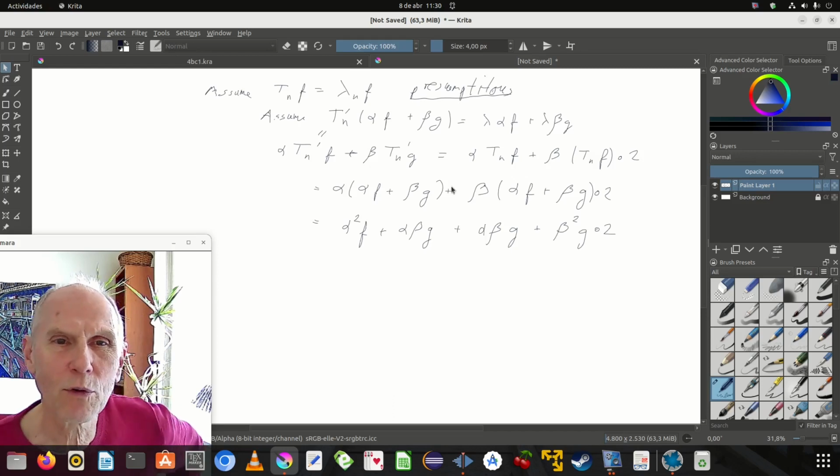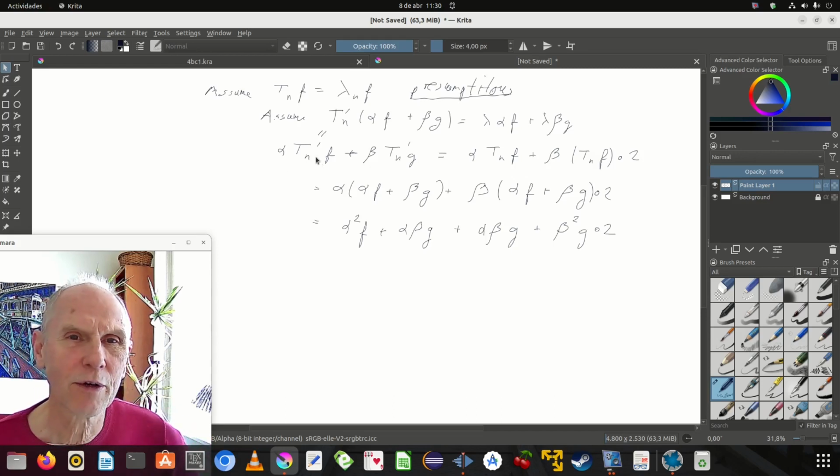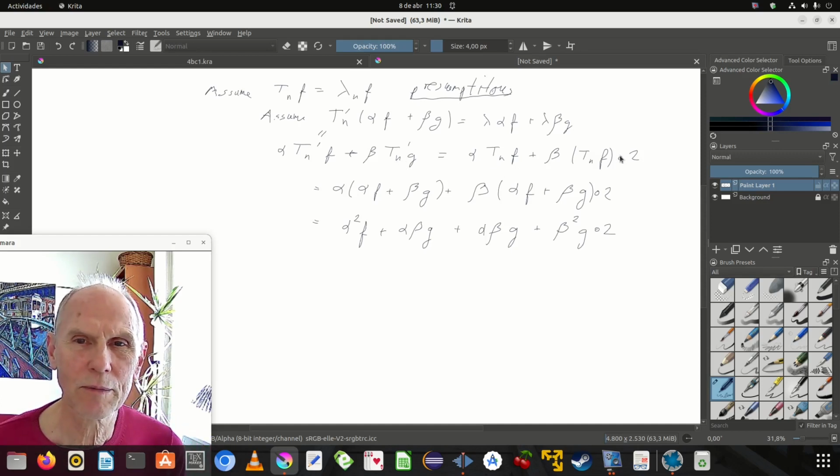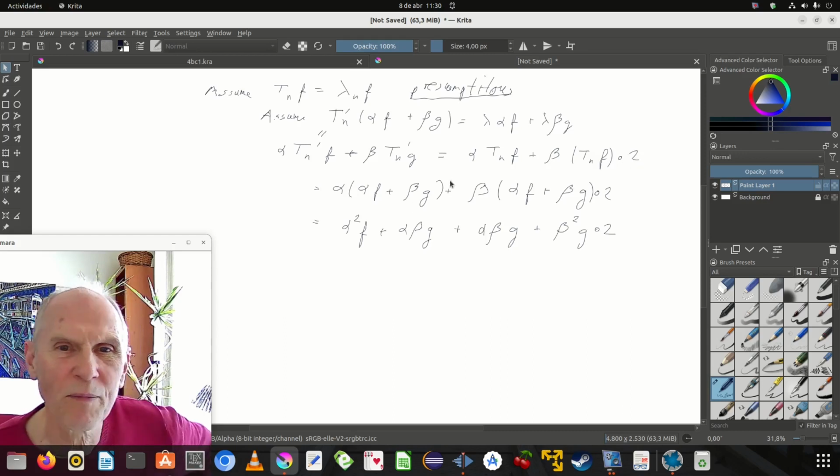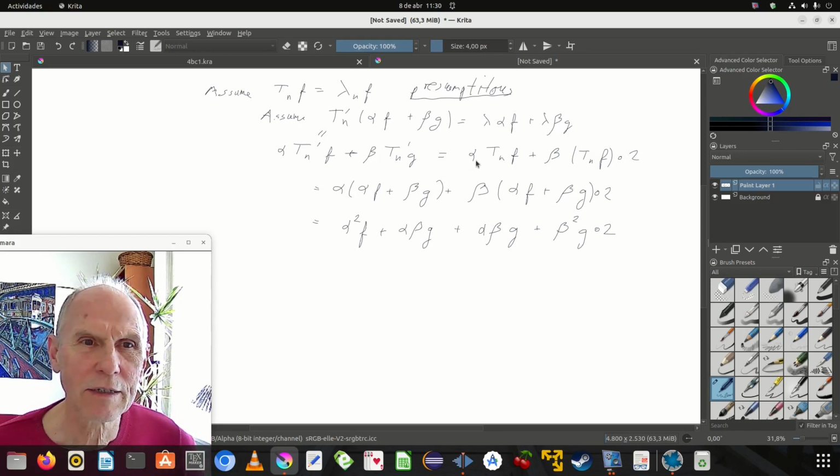It's linear, of course, and then on f it's Tn of f, and on g it's Tn of f taken of double argument. Tn of f, oh, it could just be Tn of f.